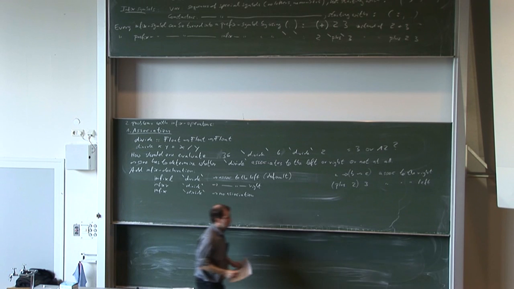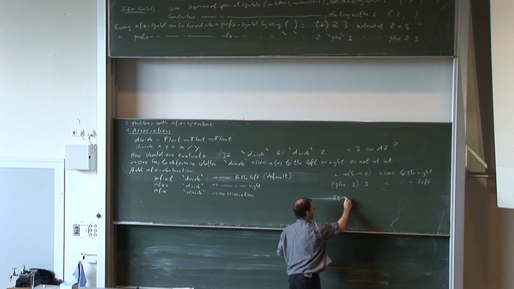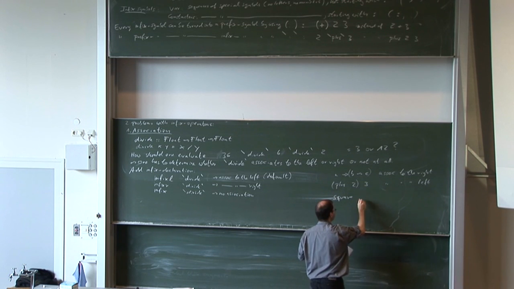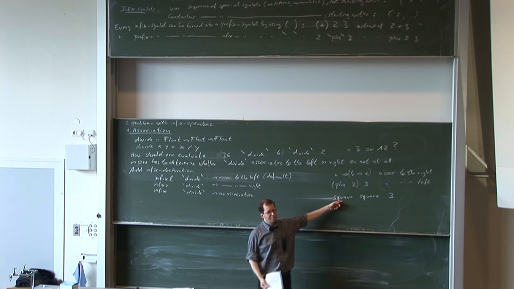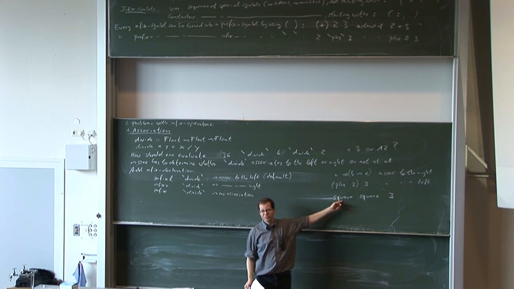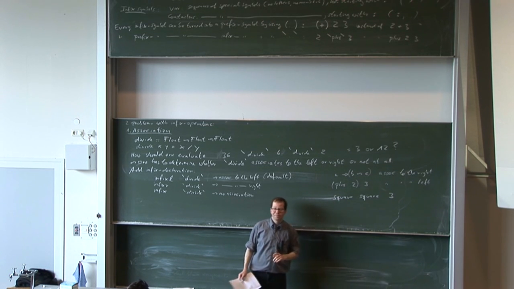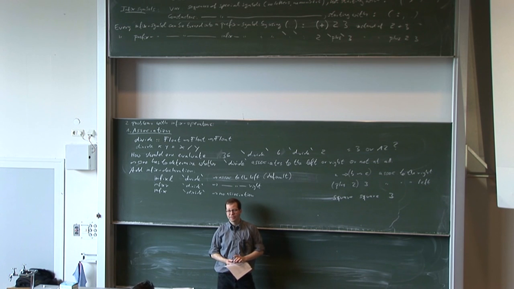So maybe to make this clear again, if you write something like square square of 3, if you write this expression, what would happen? So there are two possibilities. What will be the outcome? With association left, there should be a program error, and with association right, it will first compute square 3 to 9, and then square 9 to 81.